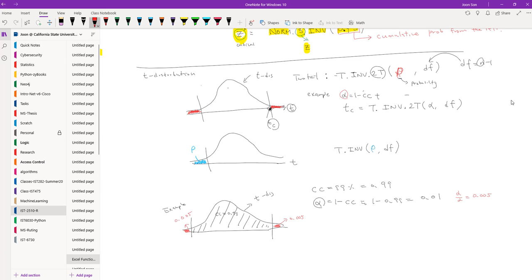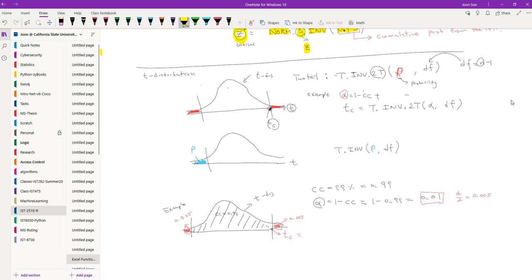This area on your left side and the right side, added together, is 0.01. So to find this t-value or t-critical, you can use the functions.